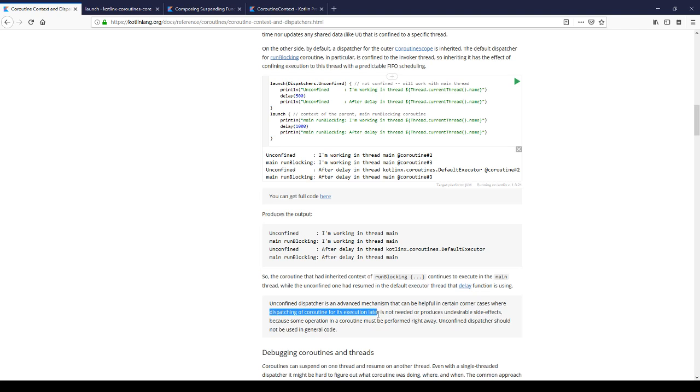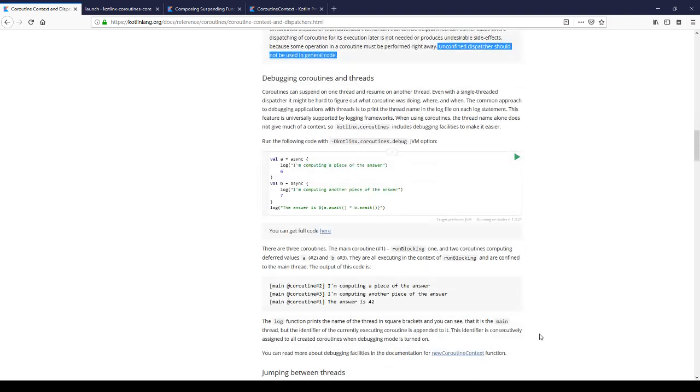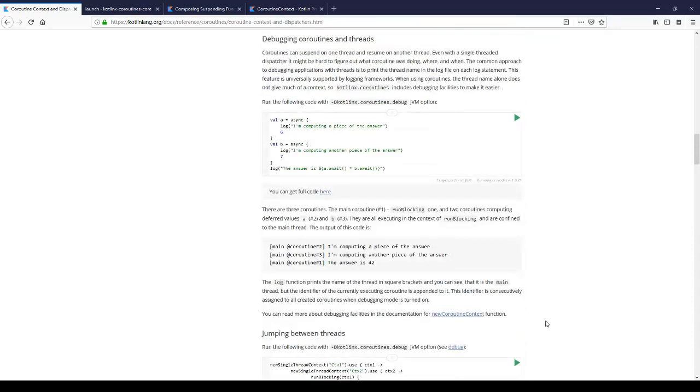We don't want it to be dispatched later, because some operation in the coroutine must be performed right away, but it is only performed right away until the first suspension. That's weird. Unconfined dispatchers should not be used in general code. Here it is. Let's see. That's the rule.